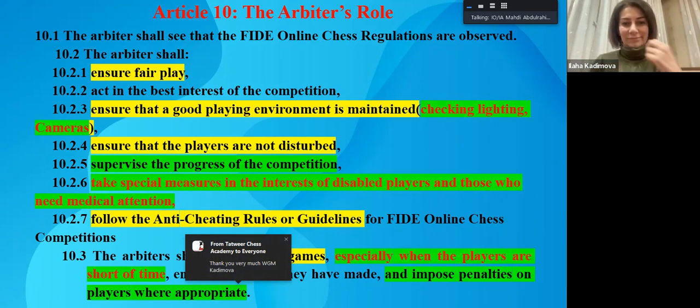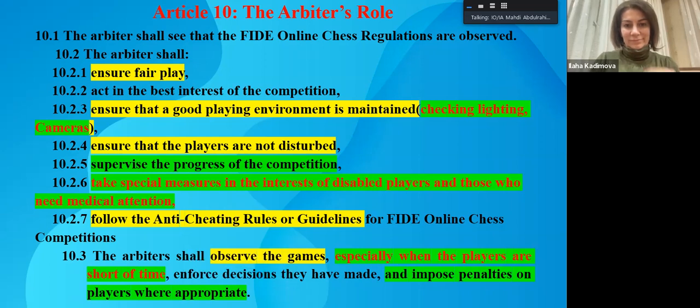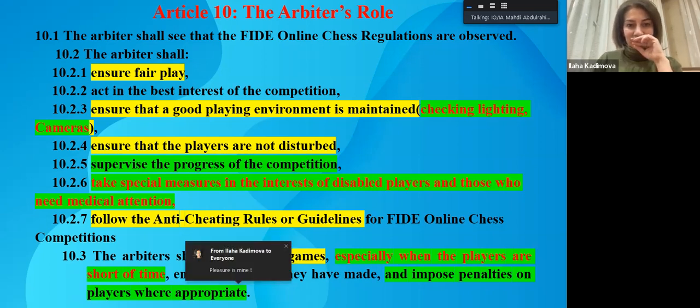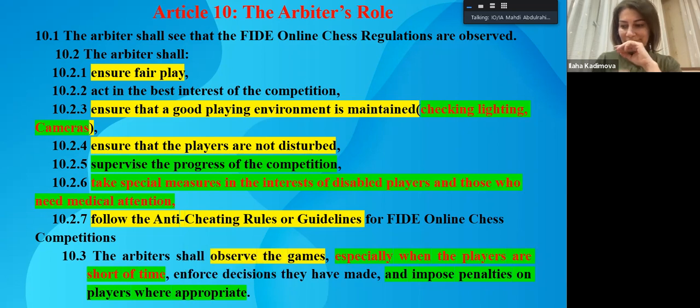Ask the player to close the window or change position. You have to ensure that the players are not disturbed, supervise the progress of the competition, and take special measures in the interest of disabled players.